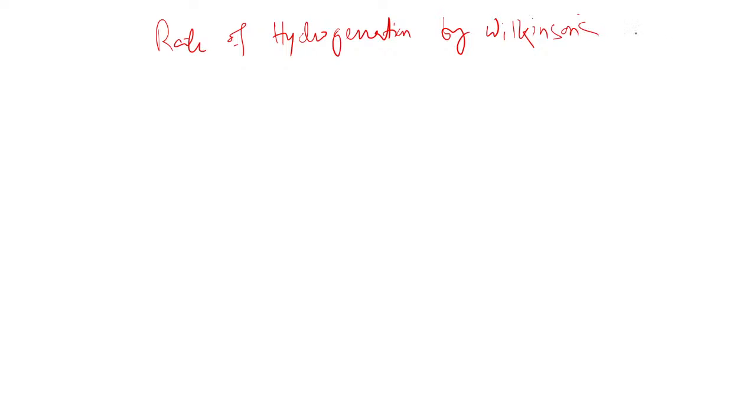So the rate of hydrogenation by Wilkinson catalyst is higher for a cis alkene than for a trans alkene.